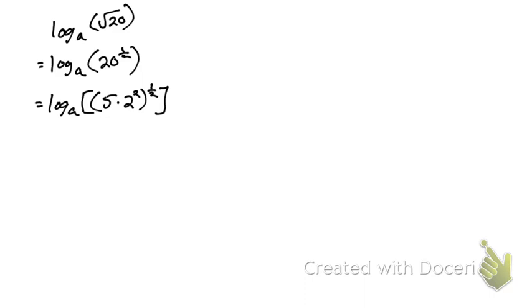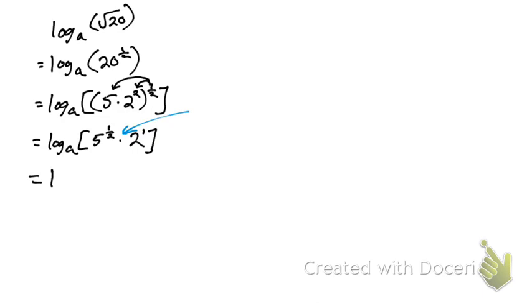Now, in effect, I'm distributing this 1/2 to both of these. Which will give me log base A of, well, we have two things now, so we're going to have 5 to the 1/2 times 2 to the 1/2, times 2 is just to the first. Well, now we're going to use the product property. The product property says if I'm multiplying 2 arguments, we can change it to addition.